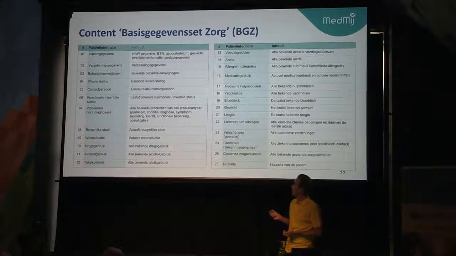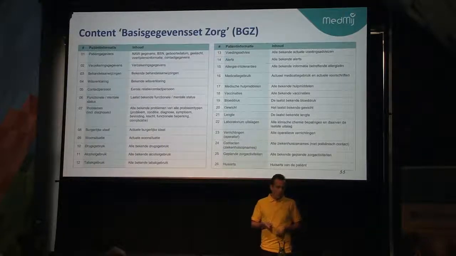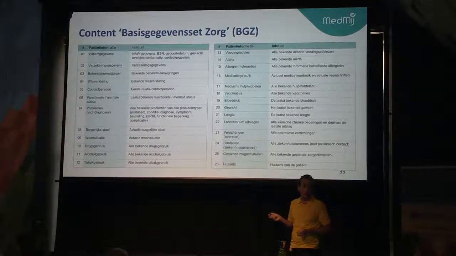And on the right side is actually the content that should be in the model when you exchange it, in terms of when you request the patient summary. So for each of these 26 models, we made a profile, and we also thought of how to exchange those data. So we needed to create search URLs and so forth.